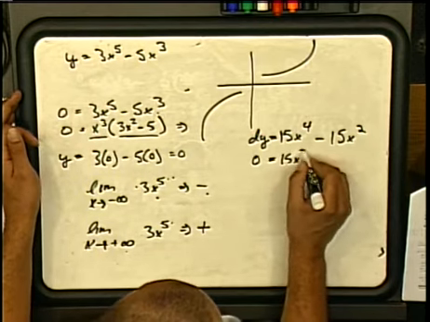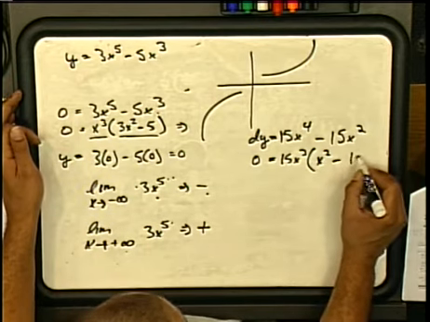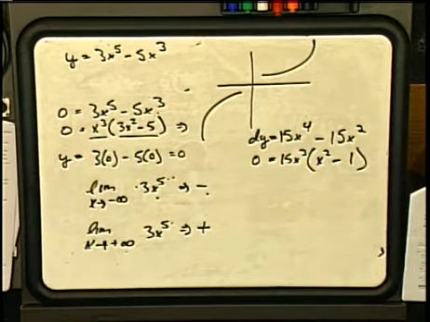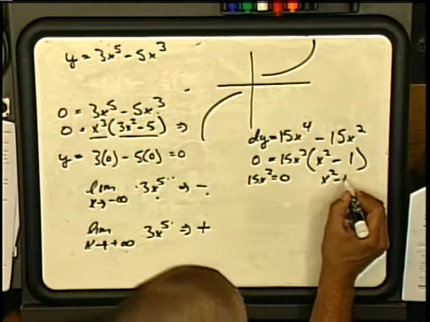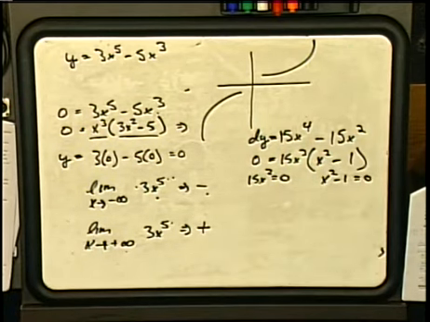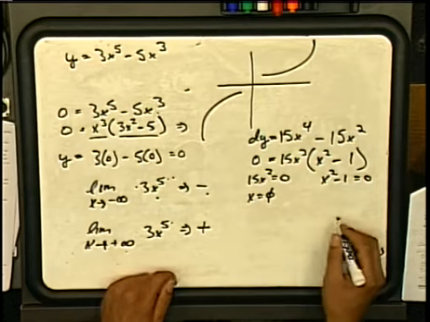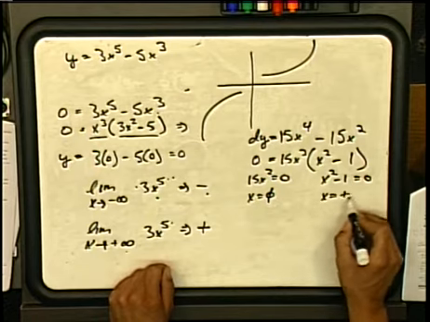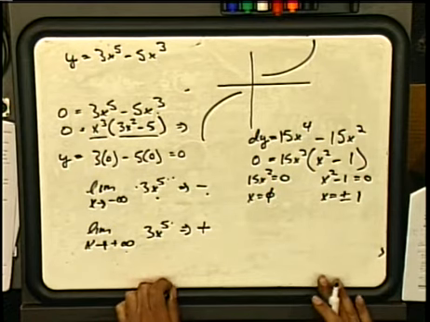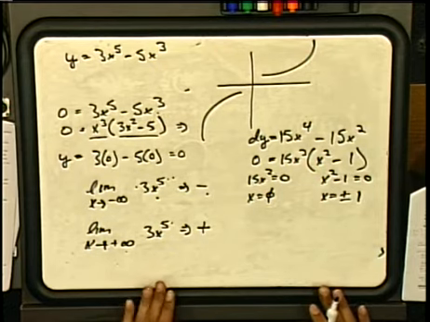I'm going to take 15x squared out. x squared minus 1. 15x squared equals 0. x squared minus 1 equals 0. x equals 0. x equals plus or minus 1. Square root of 1?